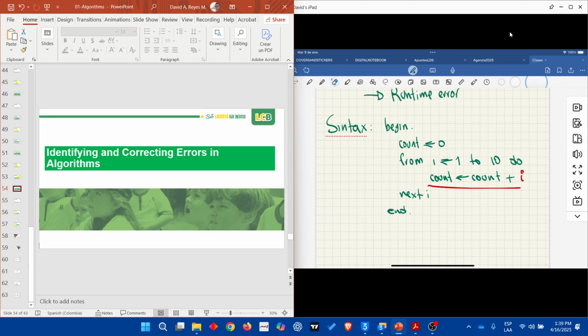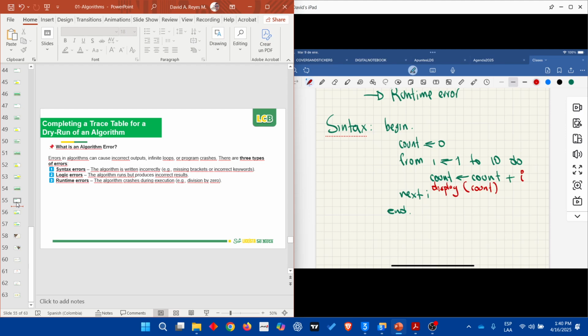To correct this error, I'm going to do this: display count. Now the counting is shown, and in this way we correct the logical error. Okay, so I hope this is clear for you.